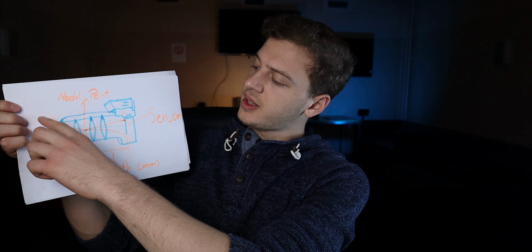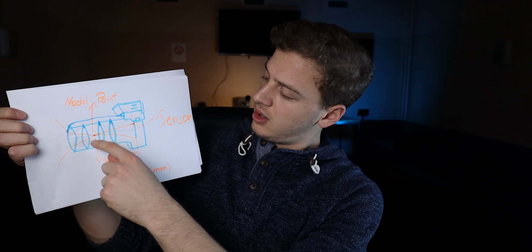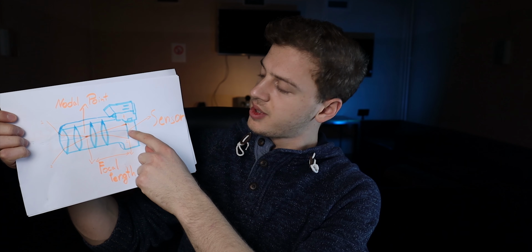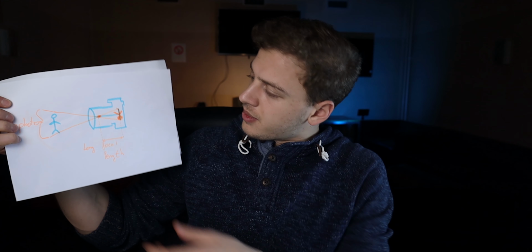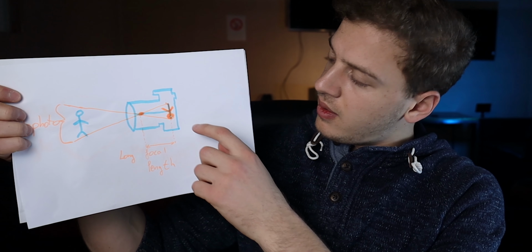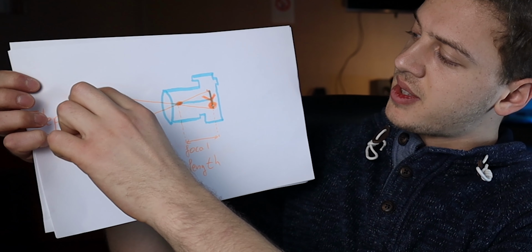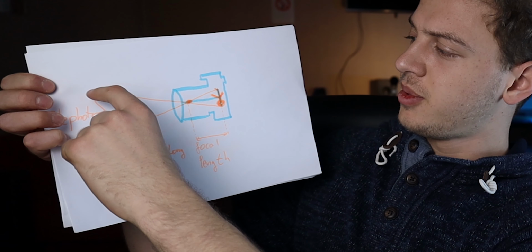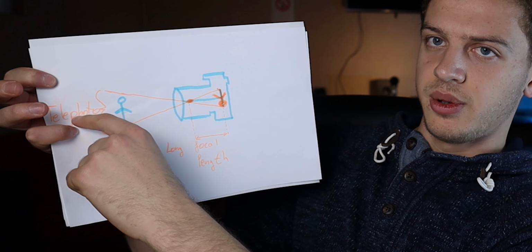It is the distance from the point where the light rays that come from outside are bundled in the optical axis, the distance from that point to the sensor. That is called the focal length. Now, to understand it a bit better, when the focal length is further away from the sensor, then this angle that projects the light coming from an object to the sensor is actually narrower, and this is called the telephoto.